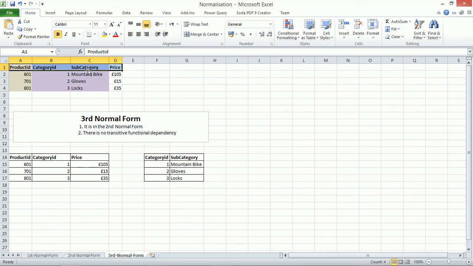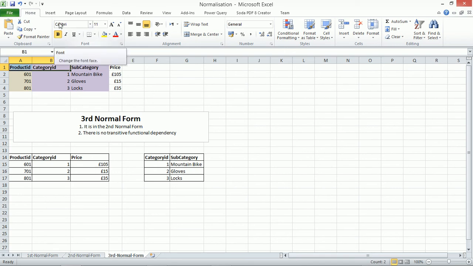Now, if you look at subcategory, subcategory is directly related to category ID, but subcategory is not directly related to product ID. It's related to product ID because of the category ID, but not directly. Product ID is a primary key, and product category ID is dependent upon product ID.